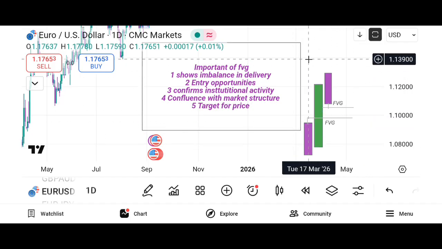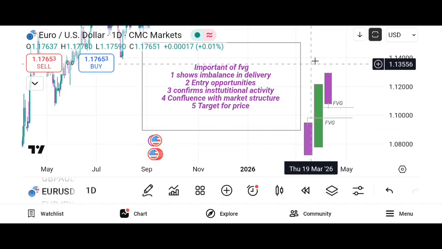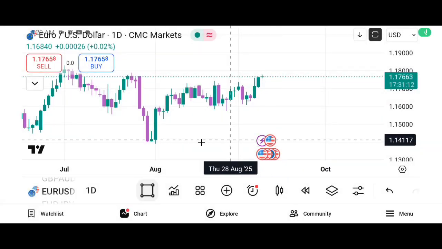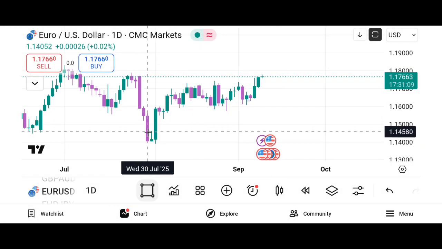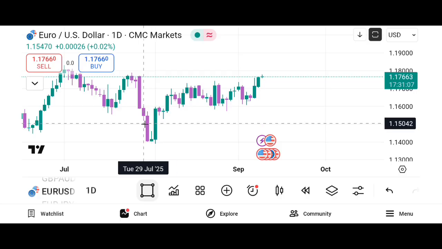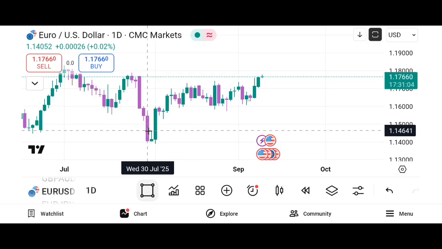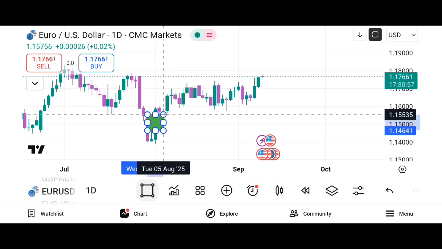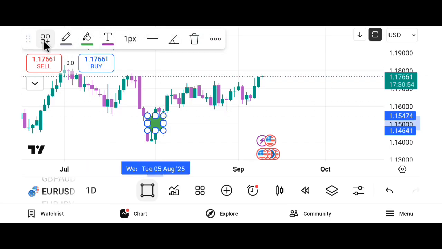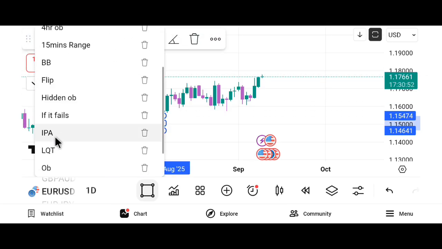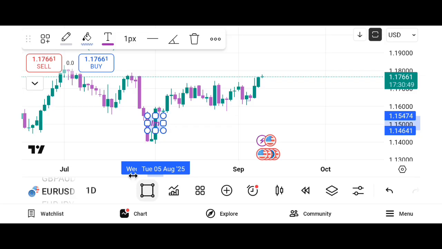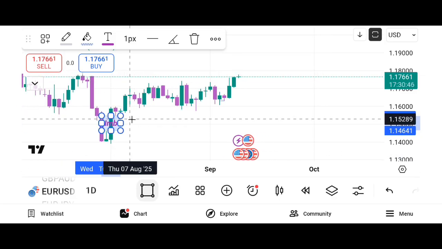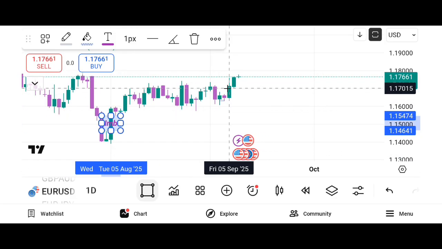So let's head down into the charts to show some chart examples. So right here on the daily time frame, we have this fair value gap. This week and this week. And right here we have this.